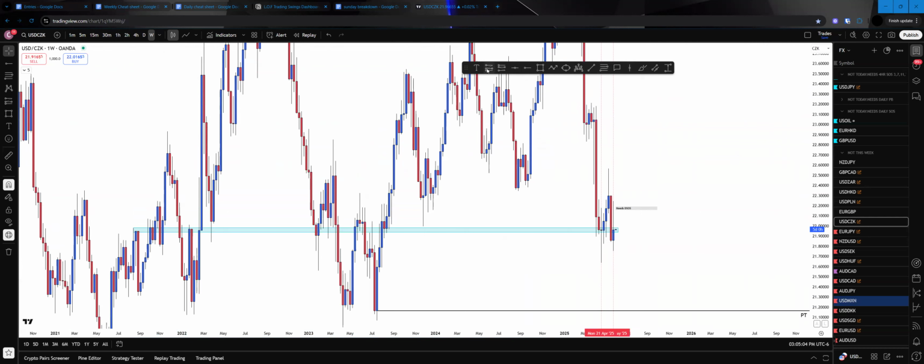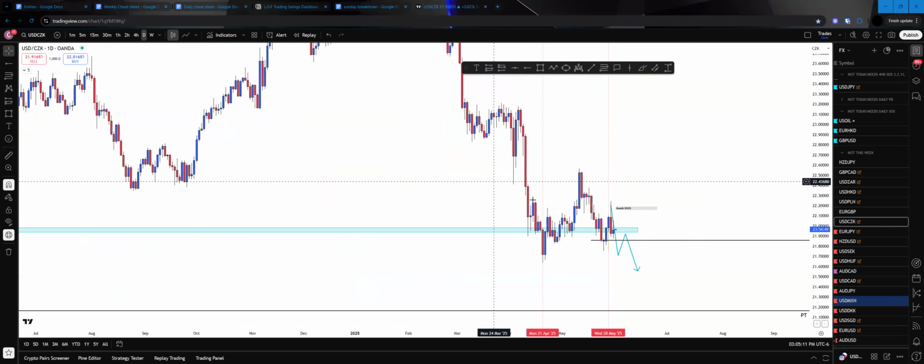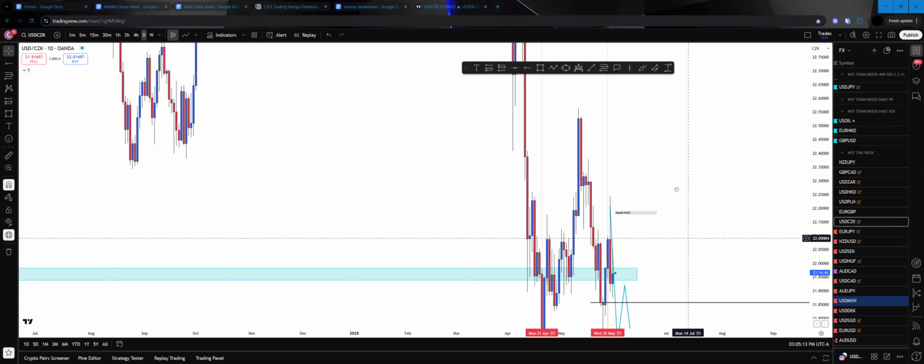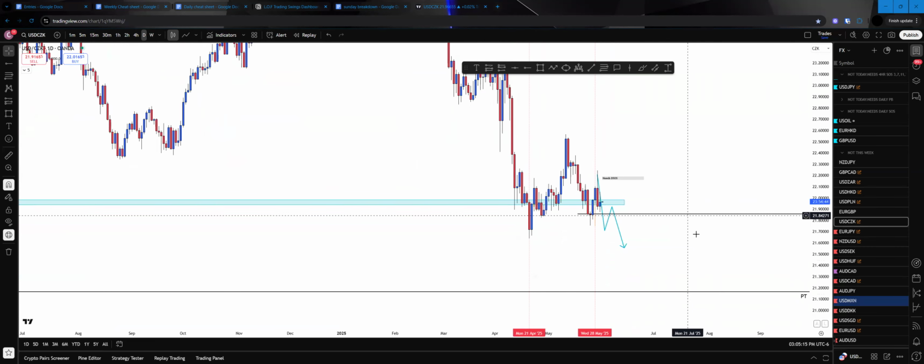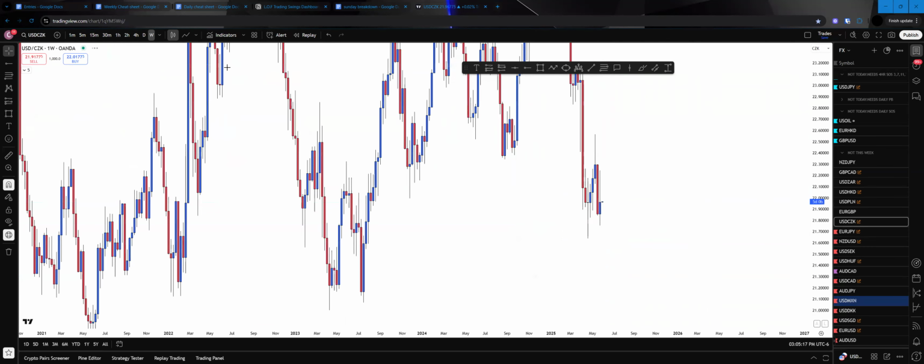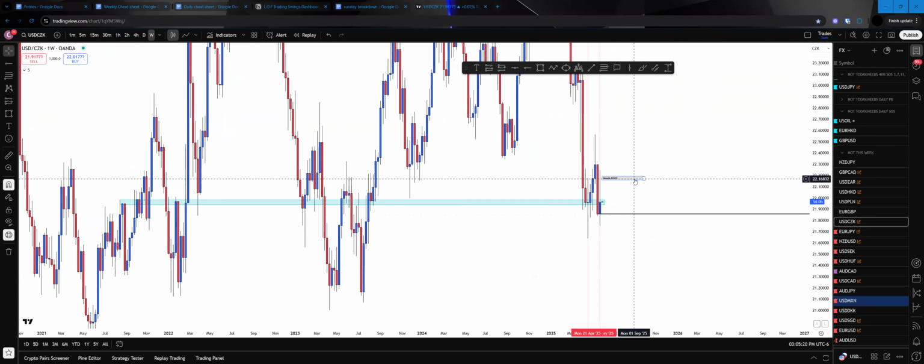But the weekly take profit is going to be right here. We're at a weekly area of interest. What's the daily saying? The daily would need to shift. Then we're basically at take profit already.